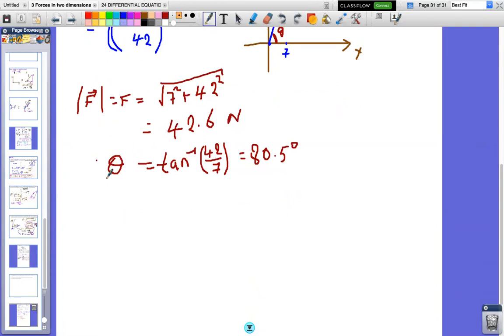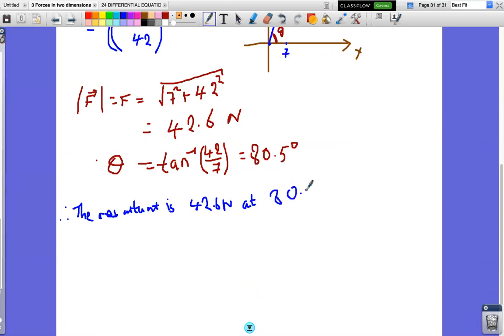You have to say, therefore, the resultant is 42.6 newtons at 80.5 degrees above the positive x-axis.